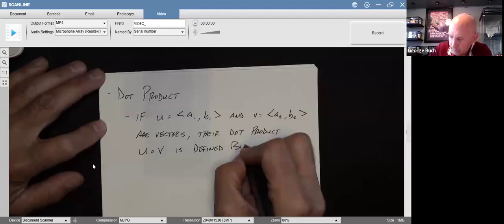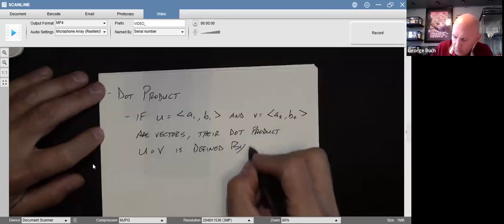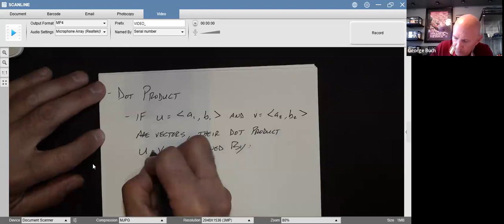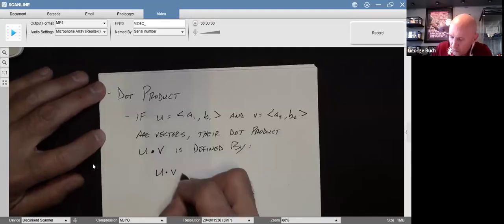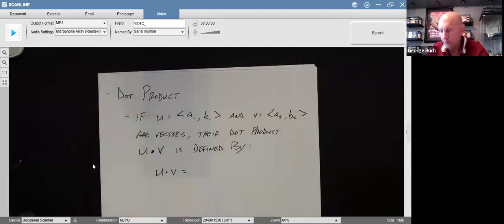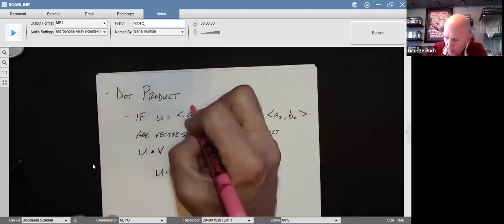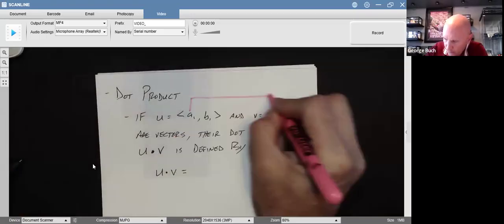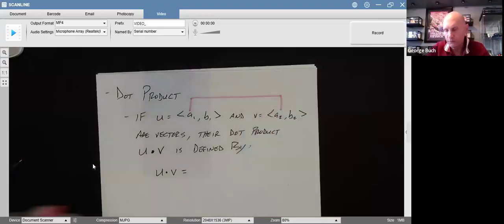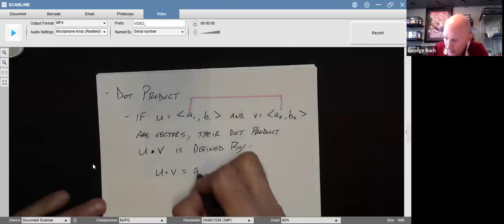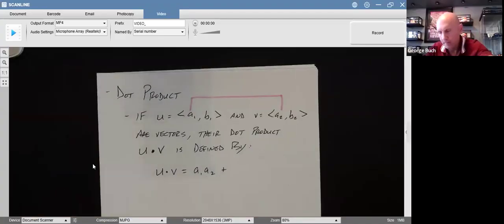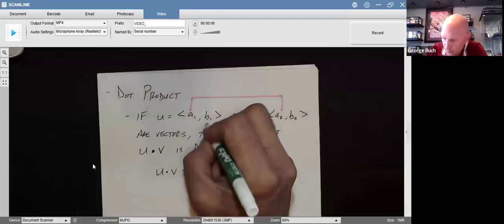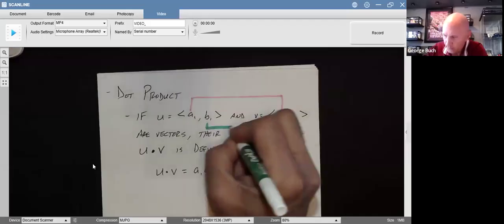so u dot v. I guess I probably shouldn't make it an open circle. It's a closed dot. So u dot v is equal to, what I'm going to do here is multiply the first two values in these vectors, so a1, a2, and add it to the product of the second two.